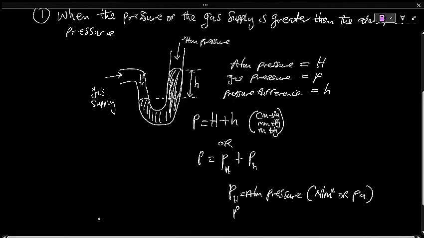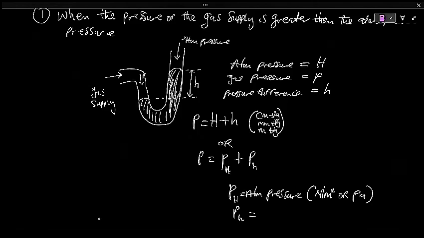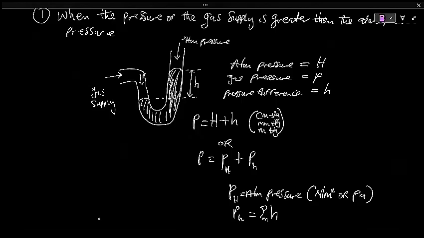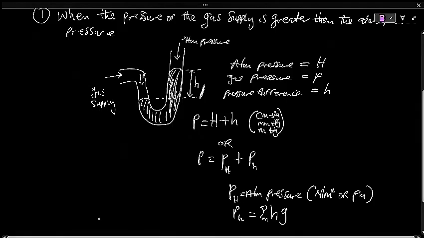And P of small h is the pressure difference, equal to the density of the liquid, which is mercury, times the height, that is this height here, times acceleration due to gravity.